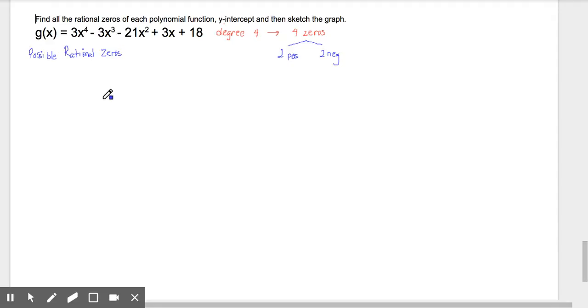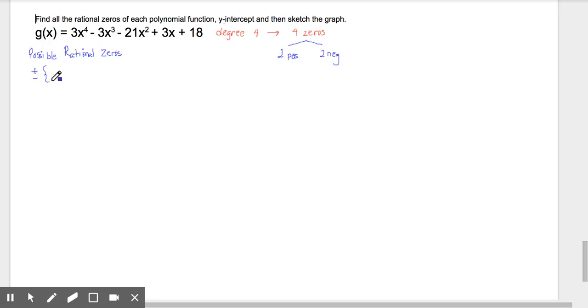We are listing these zeros so that when we look for the zeros, we are only selecting from a small group of numbers, and so it'll be easier for us to find the zeros of the function. So this list will include positives and negatives.